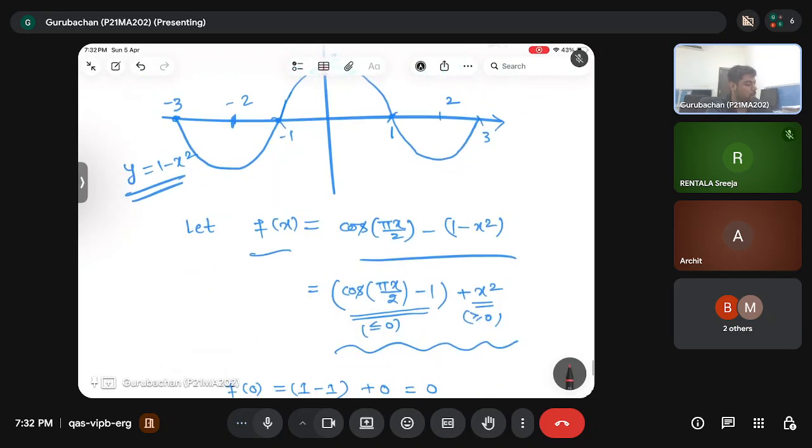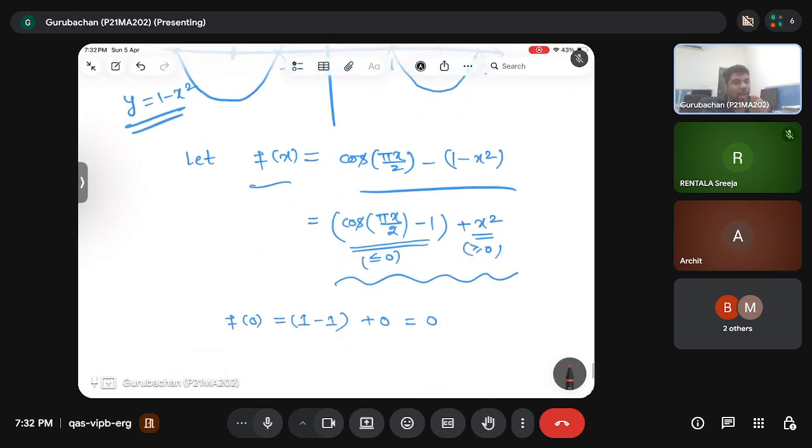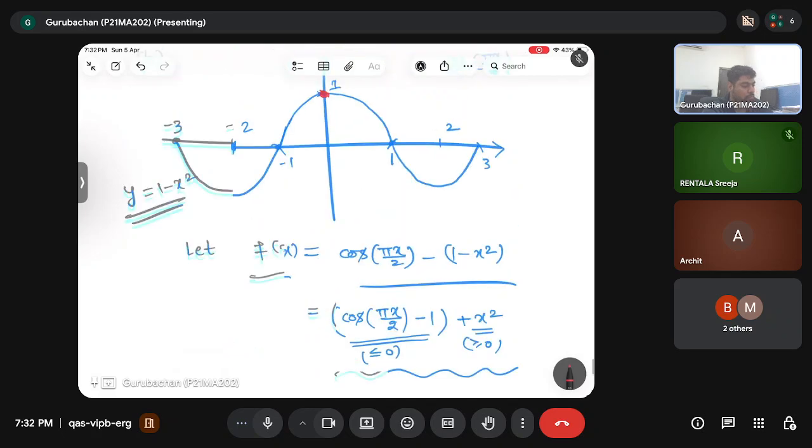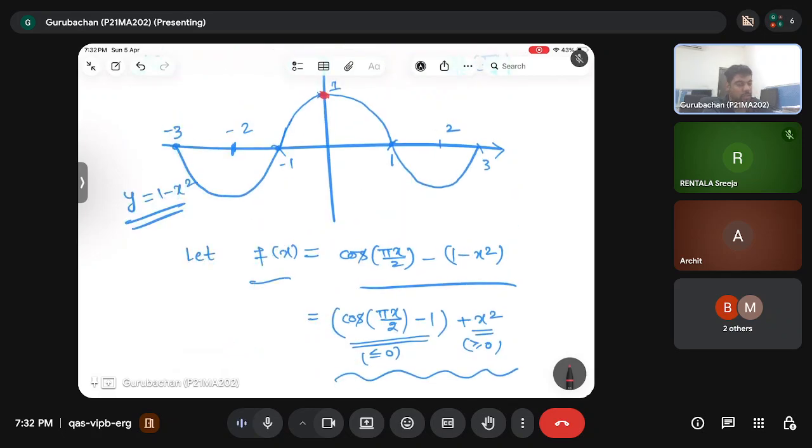Now you have to search before 1, for example, because at 1, 1 minus x square is 0, and at minus 1 it is also 0. So what will be the left value where you can check between? The simpler one, half, right?